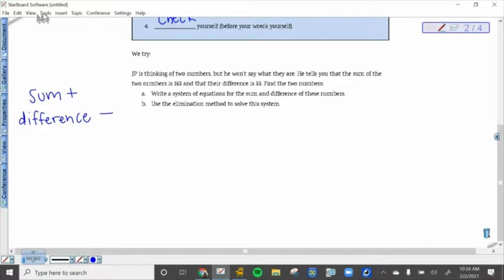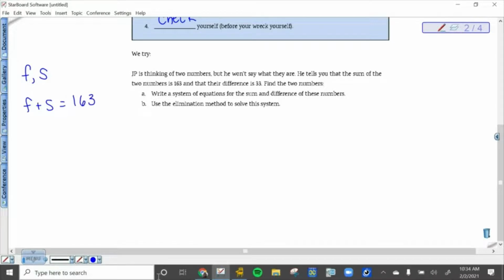So let's write our system of equations. We have two numbers we're looking for. Let's call the first one F, F for first. And then the second one, we'll call it S for second. First and second numbers. And we know that the sum of the two numbers, so that would be F plus S, we know that that equals 163.